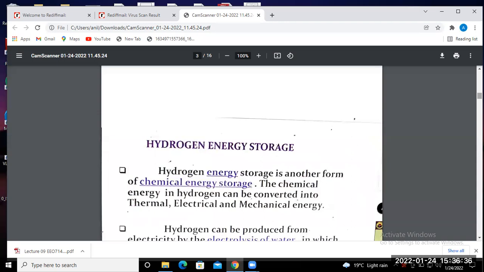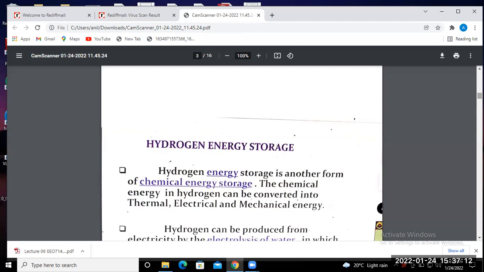You can find the endothermic process and exothermic process there. We also discussed photochemical energy and photosynthesis, which is one of the best examples of energy storage.